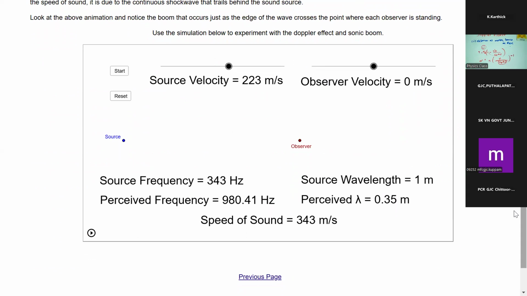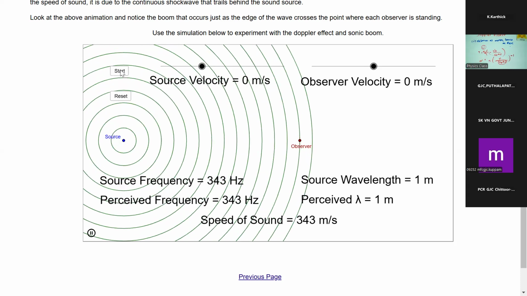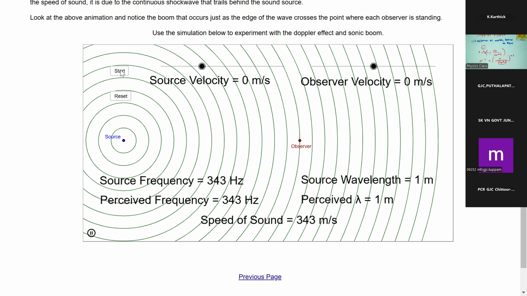So now we will do the simulation. First of all, both are at rest. Source at rest, observer at rest. So the source is producing a sound, and the observer is at rest.